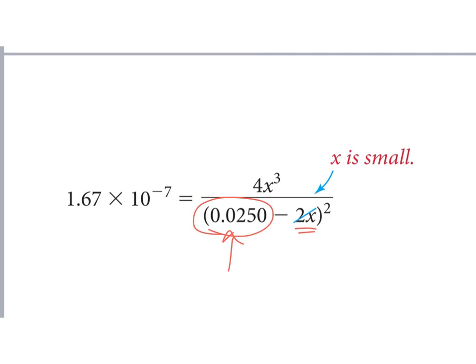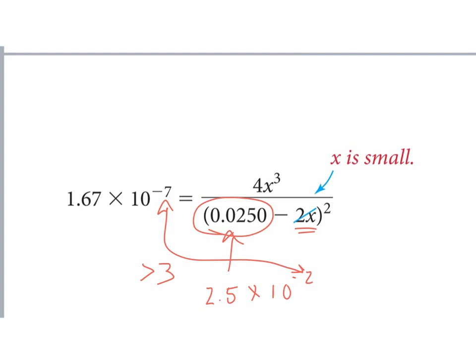But the fundamental here says that if, let's convert this to 2.5 times 10 to the minus 2, if these two exponents are different by a factor greater than 3, and this is a factor of 5, if they're different by greater than a factor of 3, then we can drop the x.